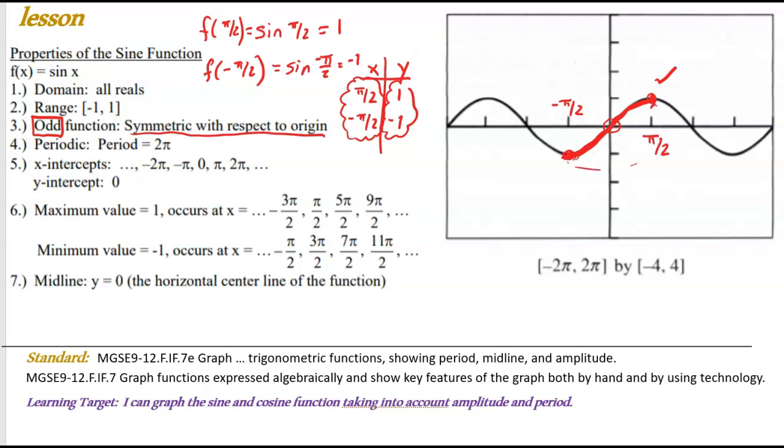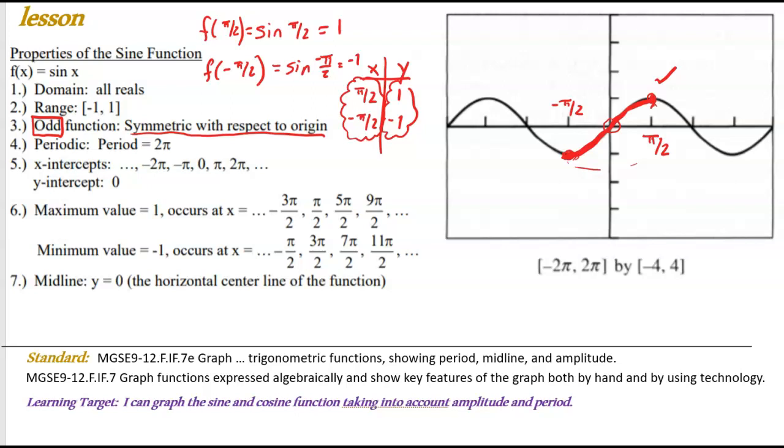So odd functions have this opposites in, opposites out feature, but graphically they have 180 degree rotational symmetry, which is called symmetry about the origin, or symmetry with respect to the origin.